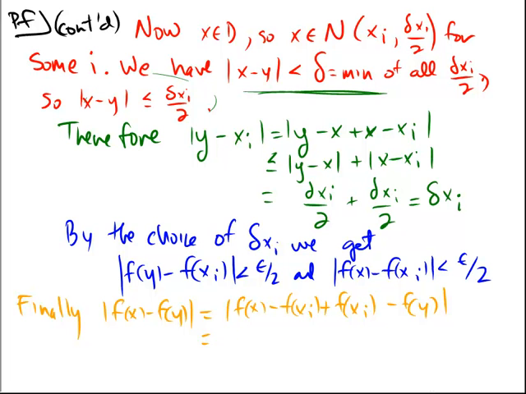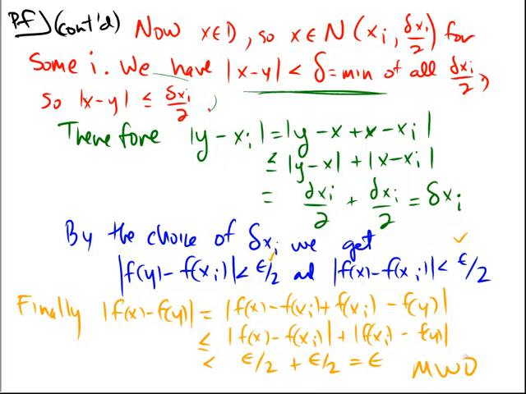This would actually be less than or equal to |f of x minus f of xi| plus |f of xi minus f of y|. But as noted right here and here, this is less than epsilon over 2 plus epsilon over 2, which is epsilon. Yay! So the compact sets do what we want.